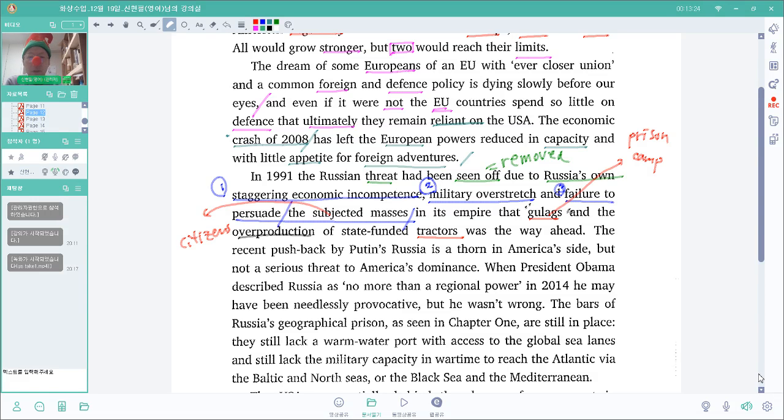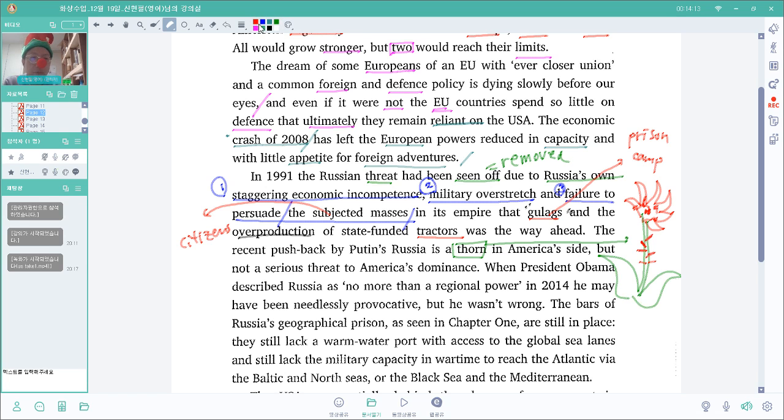The recent pushback by Putin's Russia is a thorn in America's side. President Putin is trying hard to rebuild Russia, to make Russia powerful again, but it's just a little thorn in America's side. A thorn is like, if I throw a flower, sometimes flowers like a rose have a little thorn.